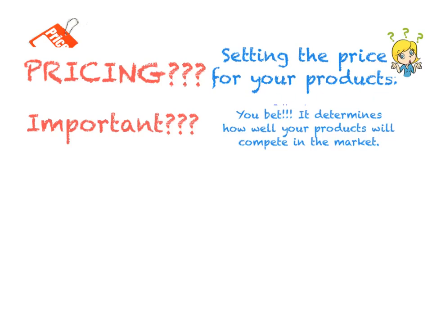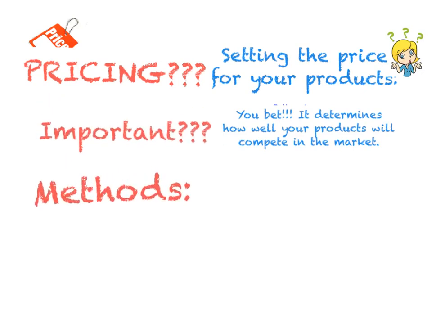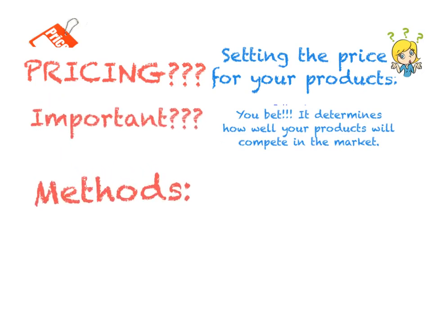Okay? And so, what about the methods? Are there any methods that we can use to help companies determine the price of their products more strategically, more precisely, so that we can guarantee that the company will earn some profit from it? There are 3 methods basically, as you can see here.